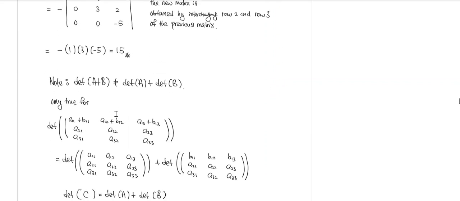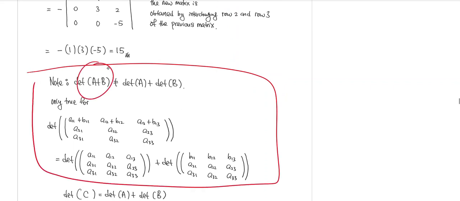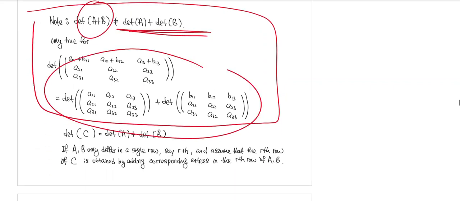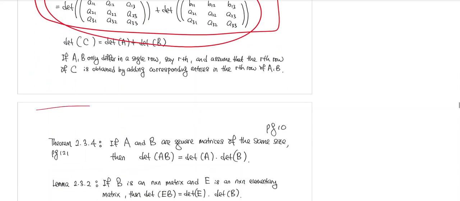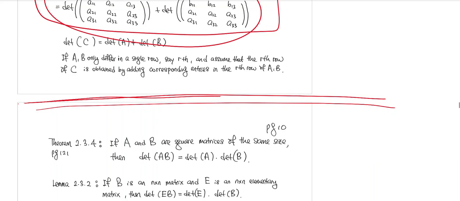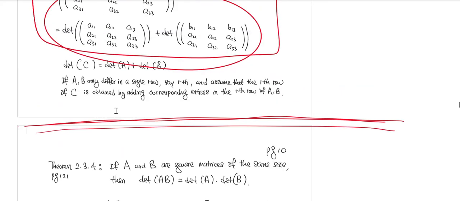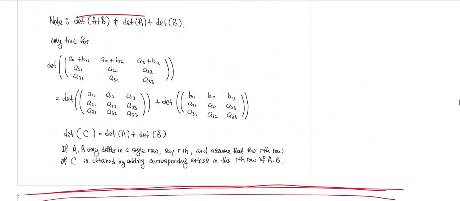So remember, an important thing to remember is that for the determinant of A plus B, we do not have that. We only have that for this very special case. Now, we're going to stop right here, and then we're going to talk about the third part of the video, where we're going to prove a very important theorem. Even though we do not have this property, the determinant of A plus B is not equal to the determinant of A plus the determinant of B. In words, the determinant of the sum of the matrices is not the same as the sum of the determinants of the matrices.